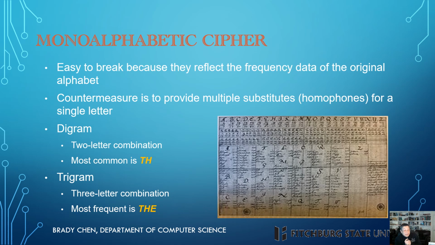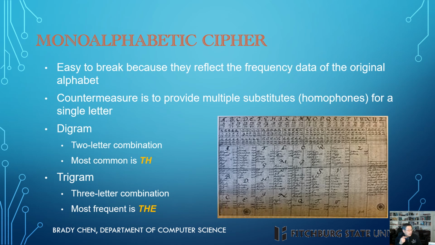So basically, monoalphabetic cipher is easy to break because they reflect the frequency data of the original alphabet. Because the same original letter will map to the same ciphertext letter. So that's the problem with the monoalphabetic cipher. Even though you have so many keys, so brute force attack is kind of impossible, but if you use the frequency, you can still figure out the original one.